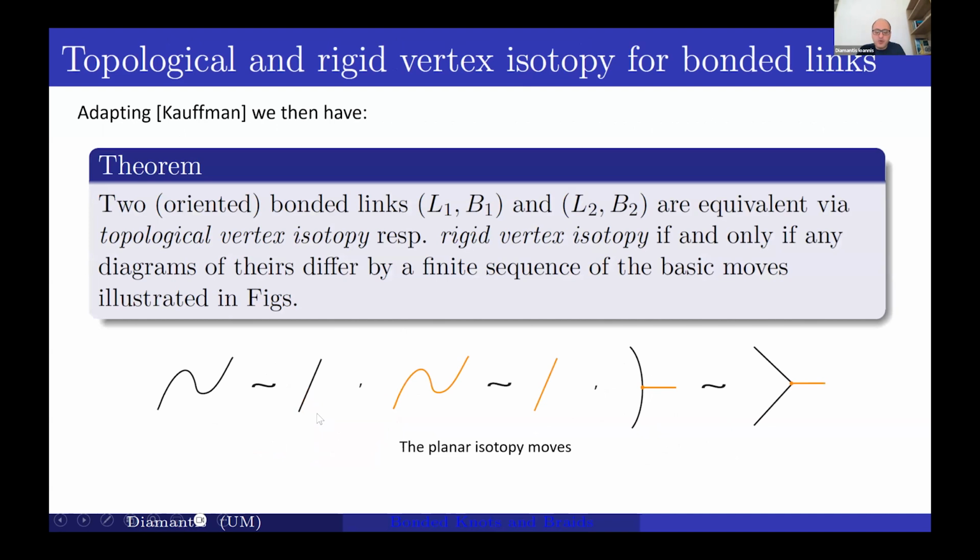So let's start by describing isotopy. Of course, what we are trying to do here is generalize Reidemeister moves for bonded link diagrams. We have here all possible moves that are allowed. In our case, this is a beautiful theorem that we proved, and we have all the moves. I'm going to show you all the moves that are allowed. Of course, we have the planar isotopy.